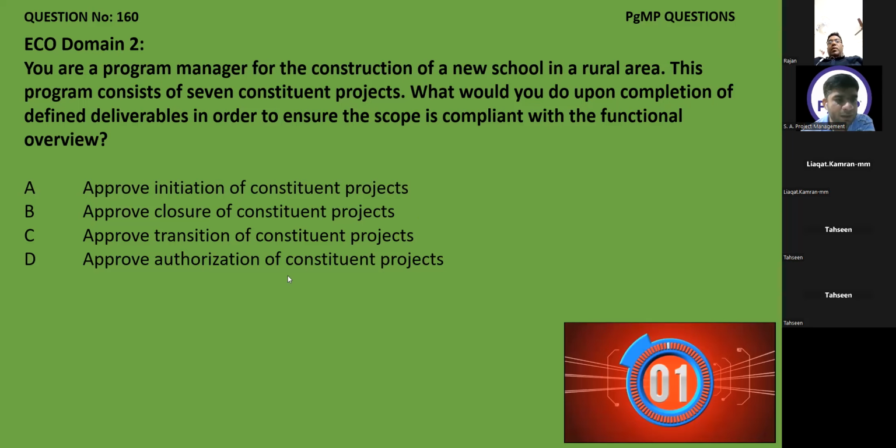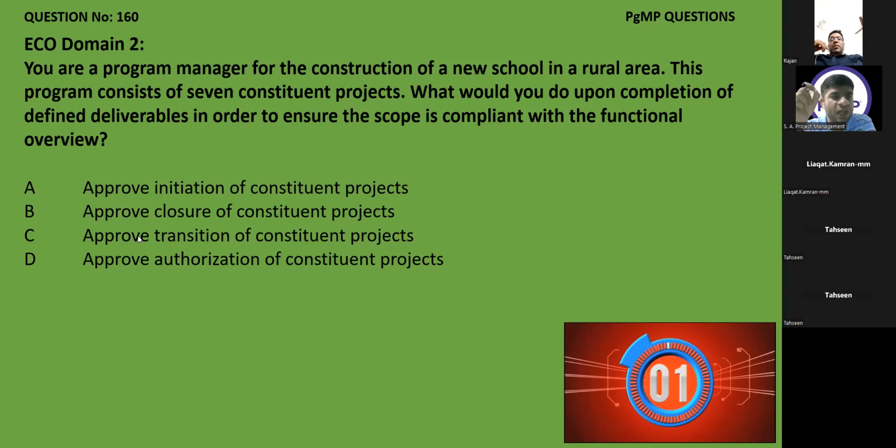Clear? Correct me if I'm wrong. Now, when they say approve closure, they are going to start the closure activities once this approval is done. Is it right? Yeah, it is right, because whenever you study the complete program, the PgMP, whenever you have to initiate a closure phase, you have to get the approval from the steering committee or from the relevant sponsor or stakeholders.